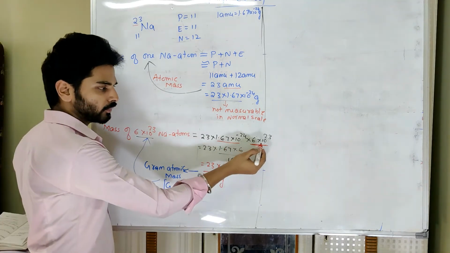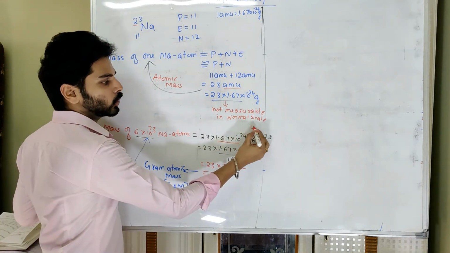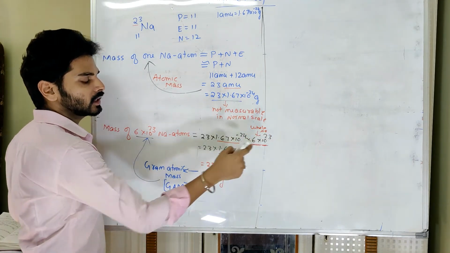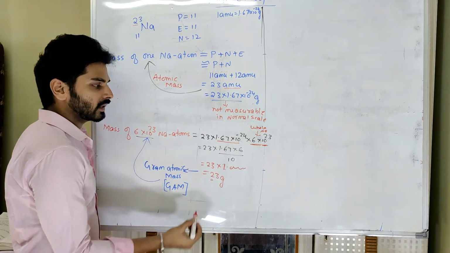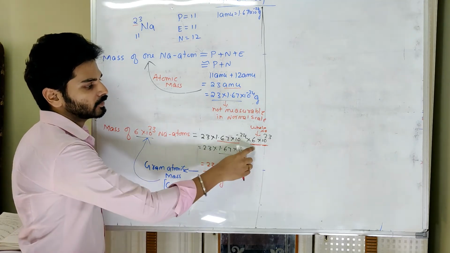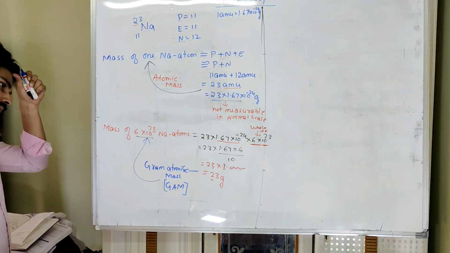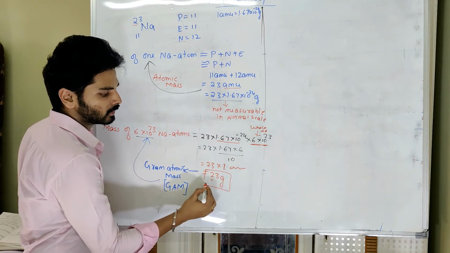Mathematically only one number is possible to make it 1. Now remember, this number cannot be any fraction, it has to be a whole number. Why? Because this is indicating the number of atoms, and the number of atoms is always a whole number. You may think I will do 1 upon this number so that it becomes 1. No, I cannot. I have to take this as a whole number.